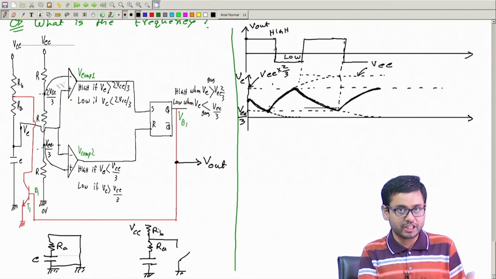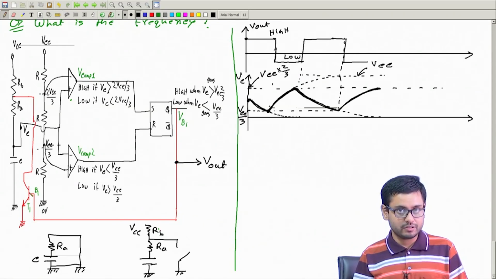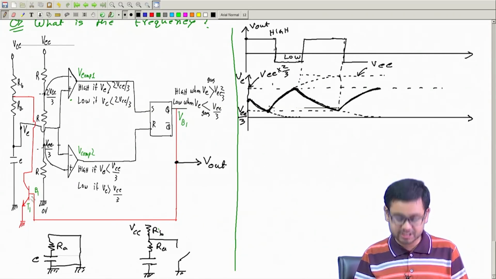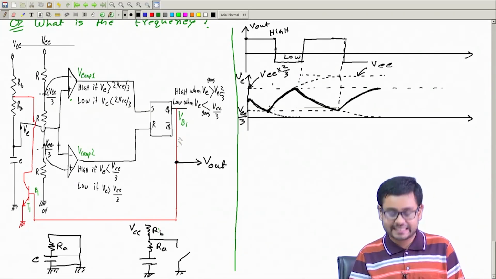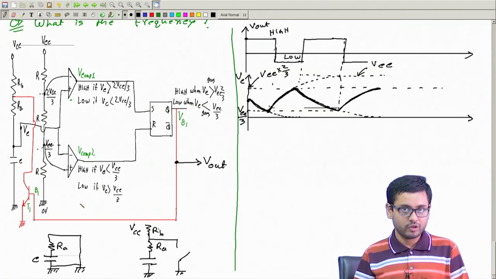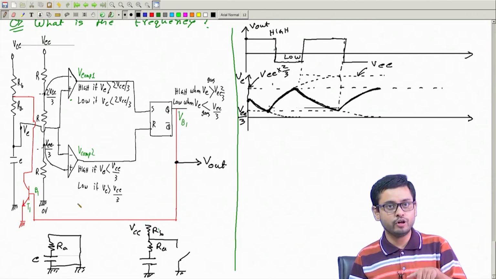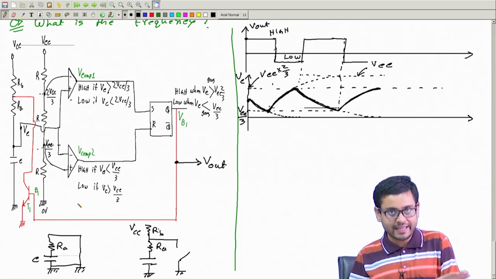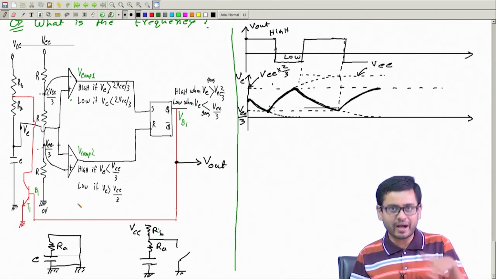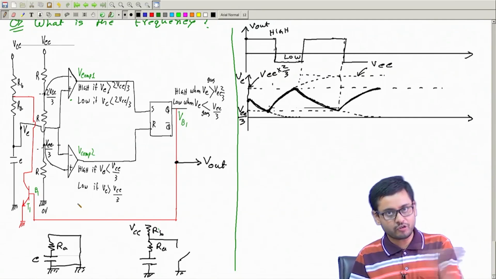What is the output voltage of this comparator? What exact voltage should be applied to turn this transistor on or off? All these exact voltage levels we are not considering in detail. We are only considering when it is high, when it is low, and how it will oscillate. So we are looking at it from a somewhat abstract level, not very detailed.